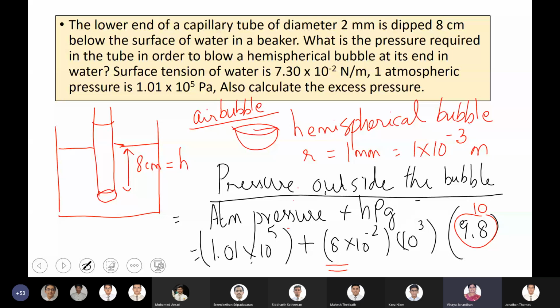Is it 10 raised to 5? Okay, let me see here. If I take this as 10, so this will be 4. Because you know how to add, you need to add when the powers are the same, correct? One second. Shall I erase this part?